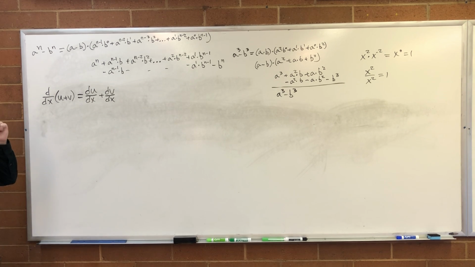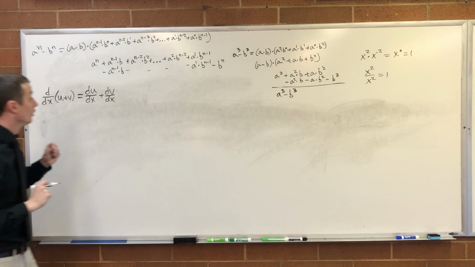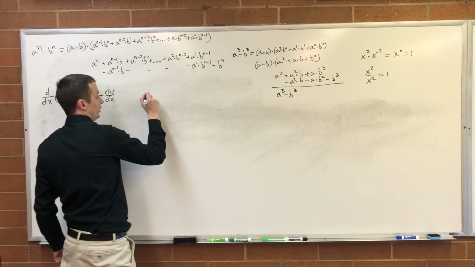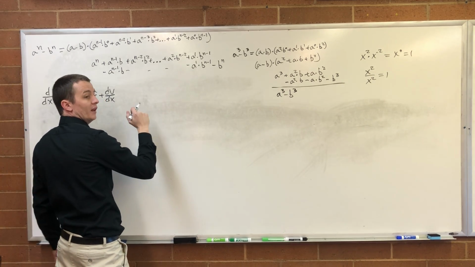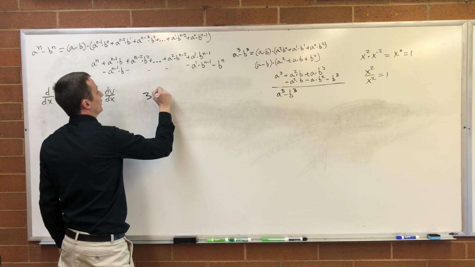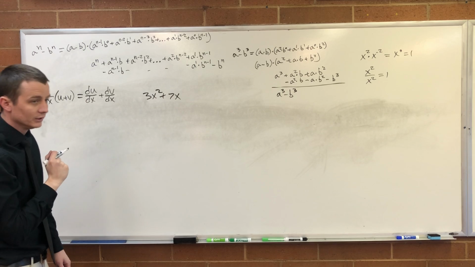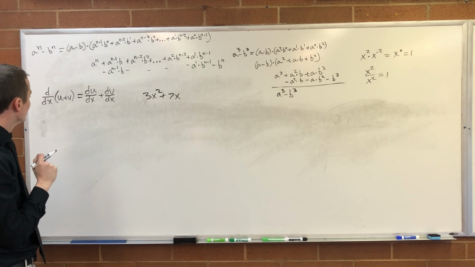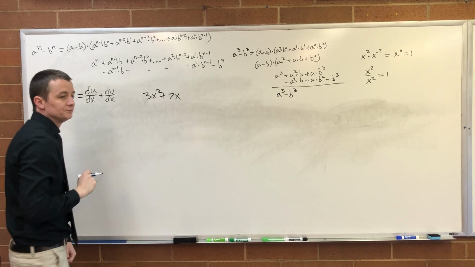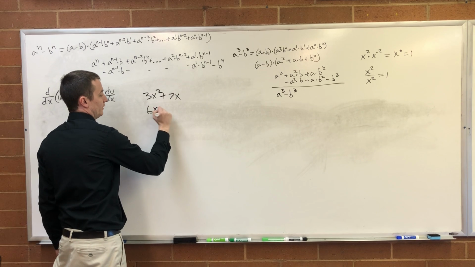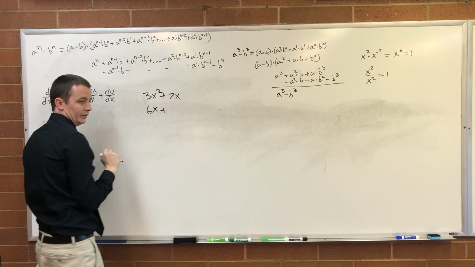What does that look like in a problem? So let's do a concrete example real quick using this rule. Let's say that I have 3x squared plus 7x, and I want to take the derivative of it. Then it would just be 6x plus, what's the derivative of this?